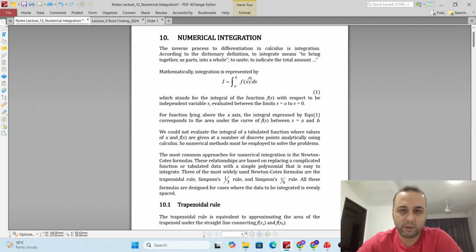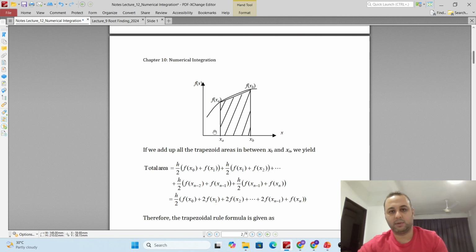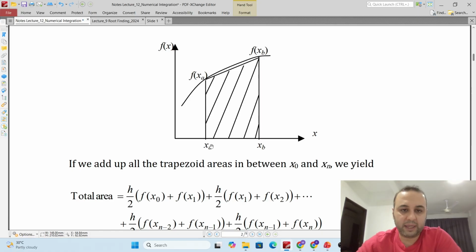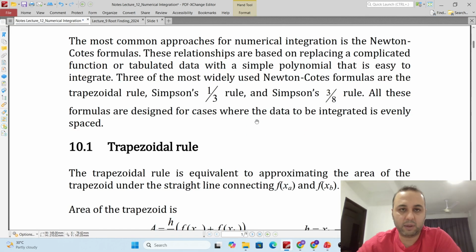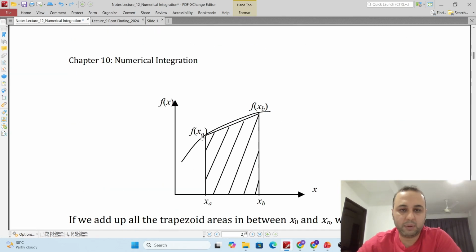When we see the integral symbol, the integral of f(x) dx with x going from a to b, it means the area between x=a and x=b, from f(xa) to f(xb). This area is considered the integration. When we talk about the integral, we are talking about the area below the curve, below the function, or below this figure, right?